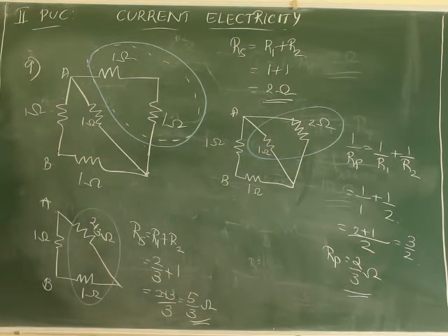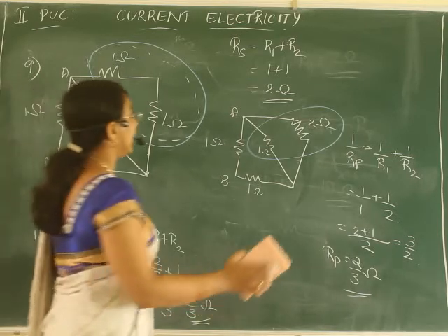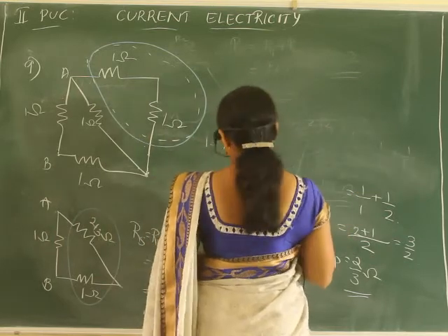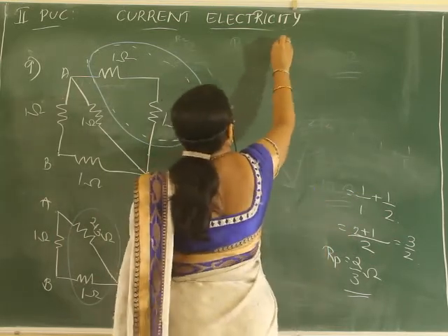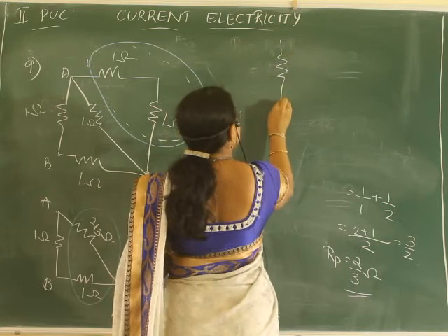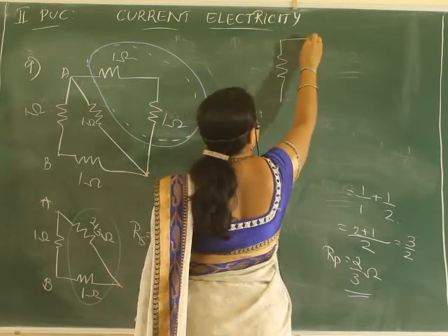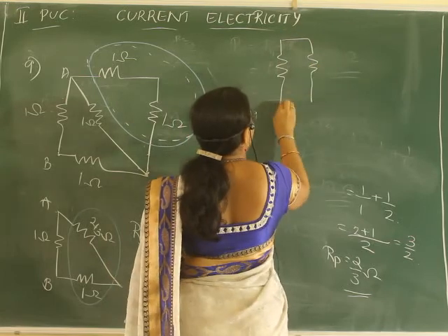Next step, total resistance. What is the next diagram which I can draw? This is as it is. This one and this one became like this, parallel now.